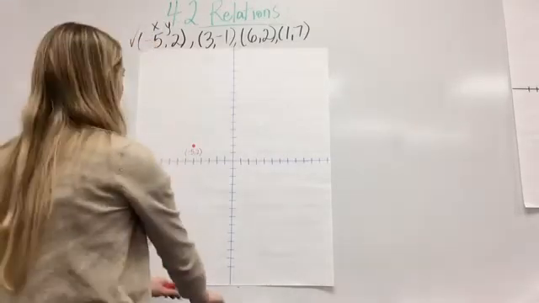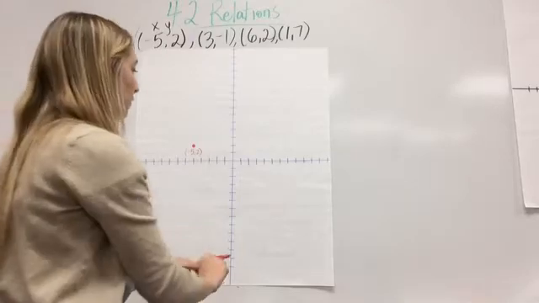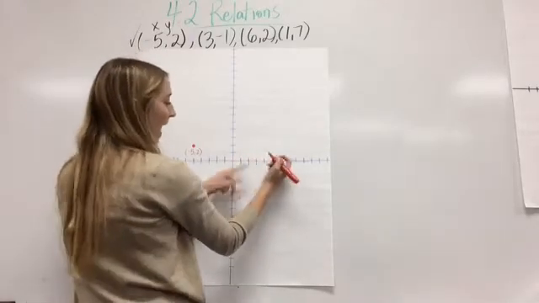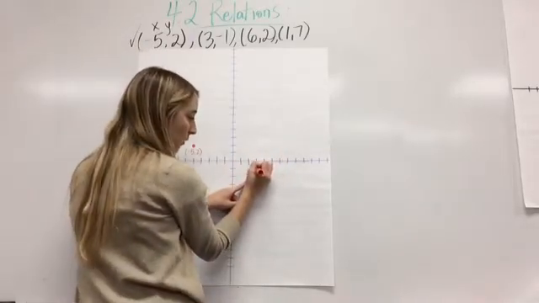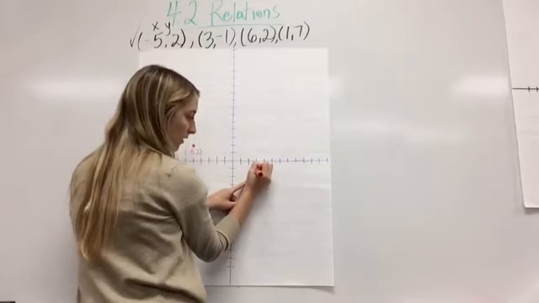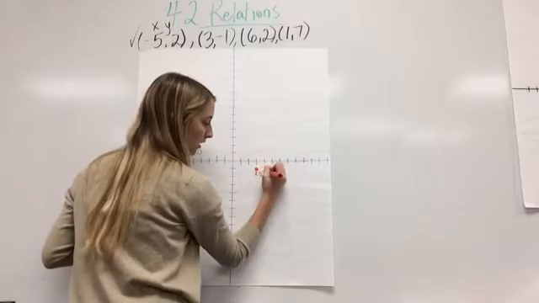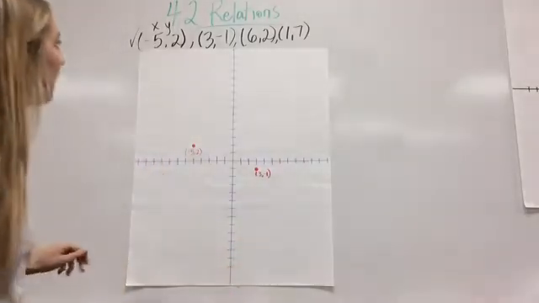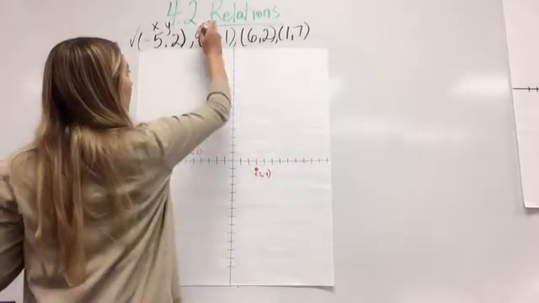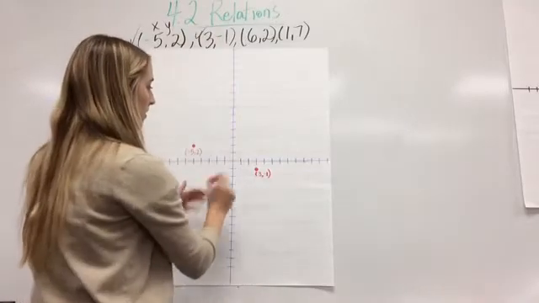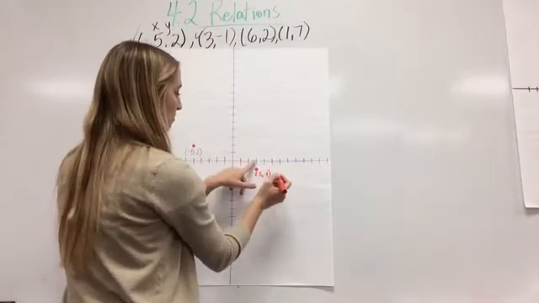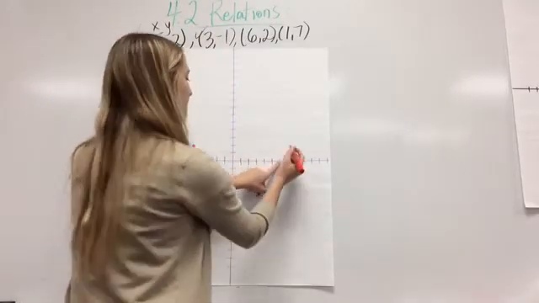Okay? And then I have 3, -1. So again, write 3, and I go down 1 because the y is negative. Okay? Did that one. 6, 2, to the right 6. 1, 2, 3, 4, 5, 6, and up 2. 1, 2.